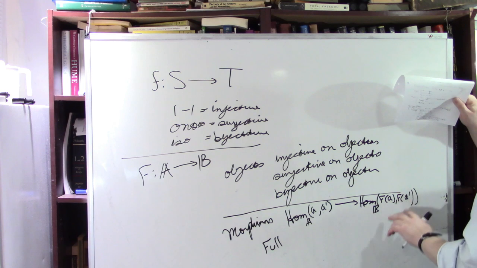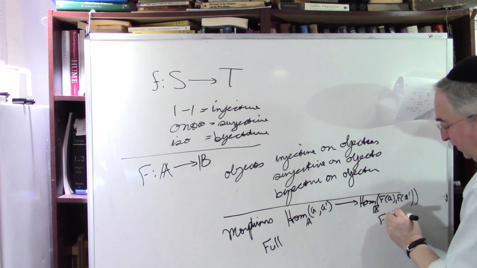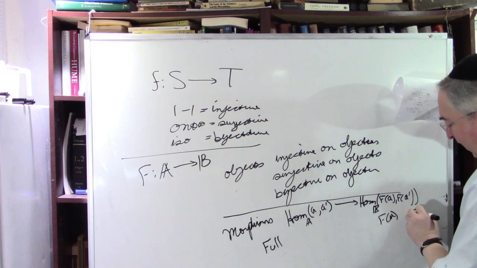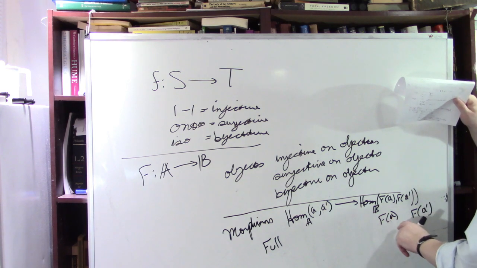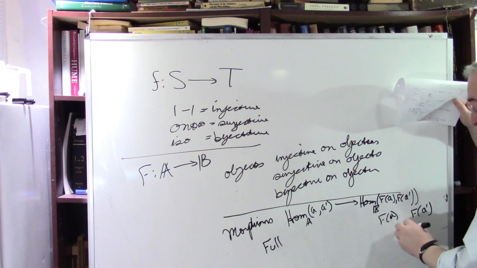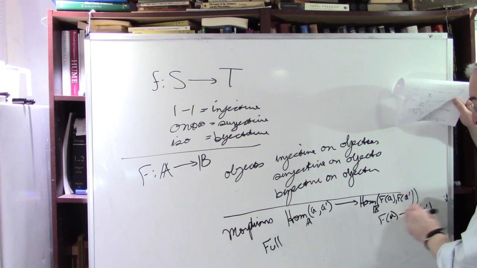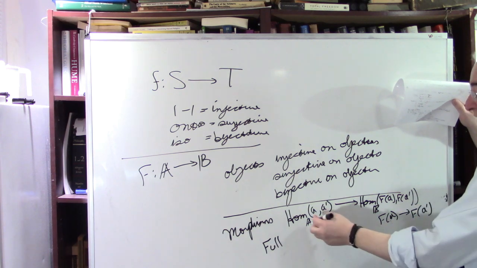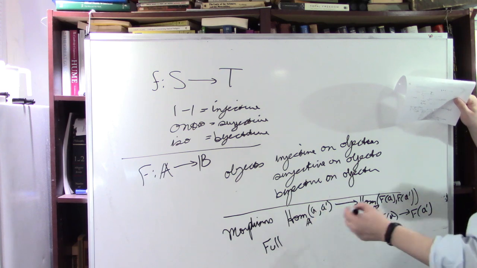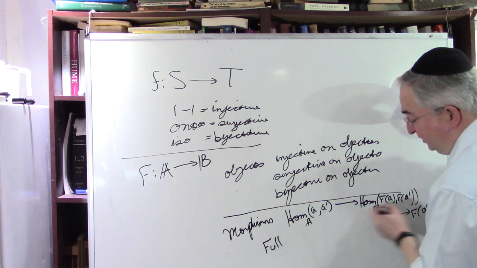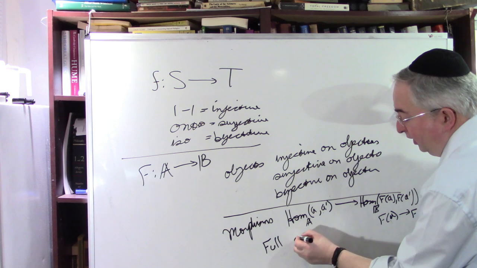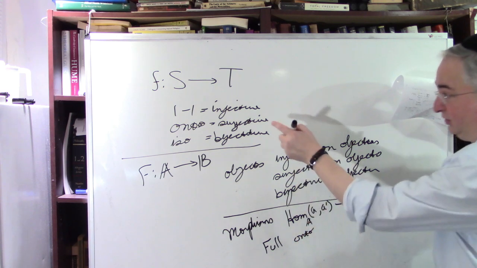So if you have some object f of A and some object f of A prime, then if there's a morphism from here to there, it comes from a morphism in here. That's another way of saying that this function is onto, or surjective.